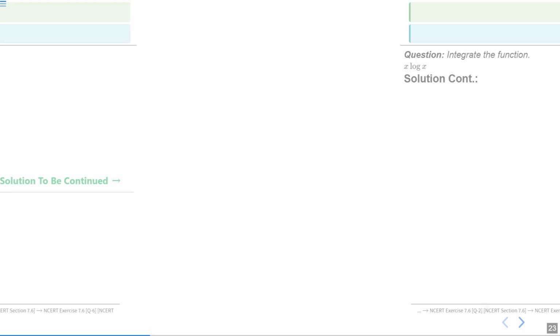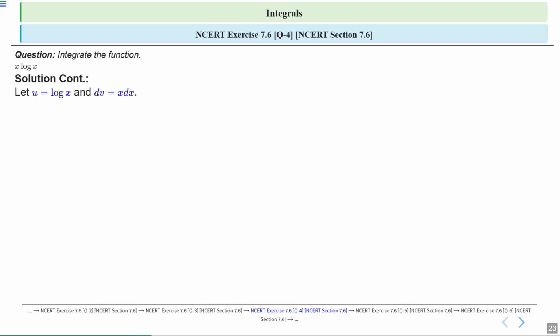So now we take log x as u and x as dv, because in Elate the log x comes first as a logarithmic function and then comes the algebraic function. So now we take log x as u and the algebraic function x as dv.